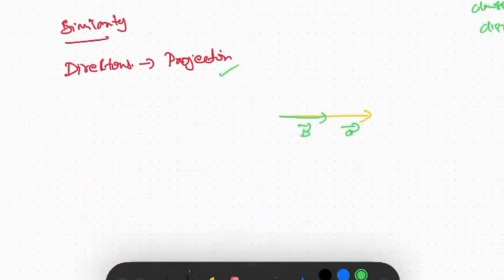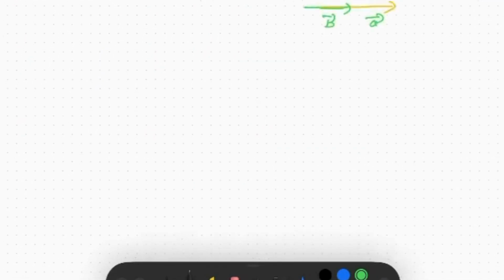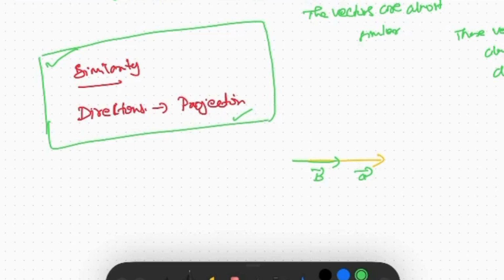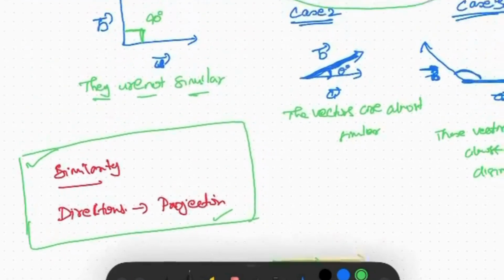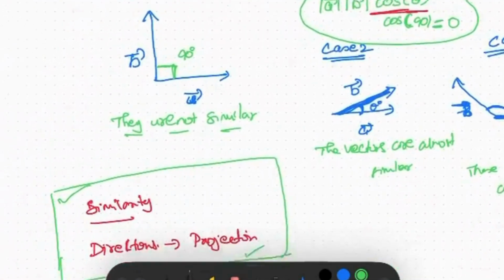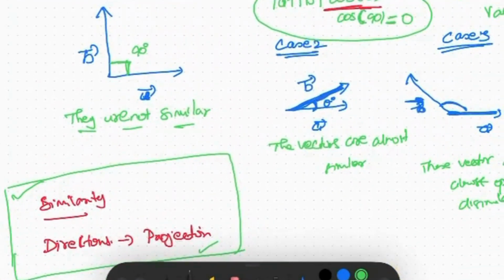Having said that, let's get into cross product. As we have summarized here, dot products talk about the similarity and direction, and here we have used cos theta. Cos theta basically talks about how much the angles are aligned together, right?